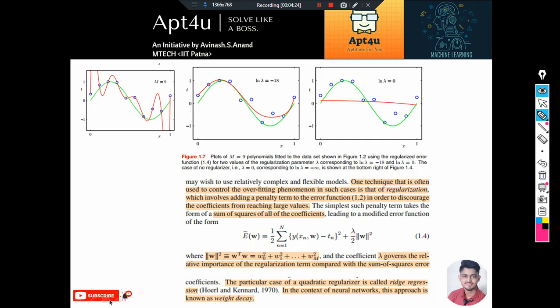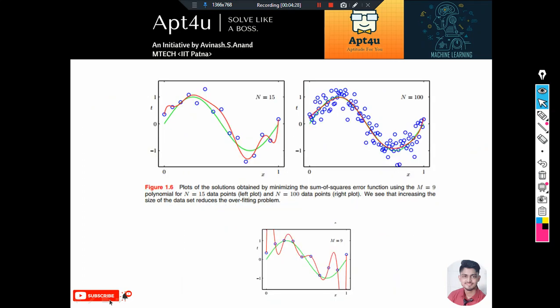Remember, we discussed in the previous video the red curve, which is the pattern that the model is trying to learn. The red curve should be similar to the green curve, which is the actual distribution of the data points.